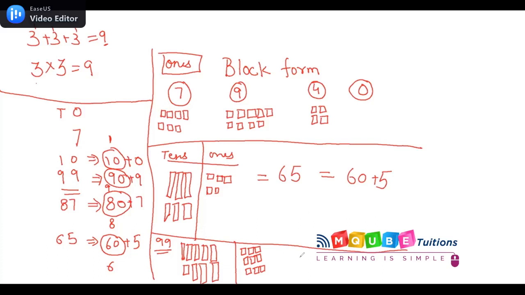Okay. Before we go to the book, if I have to draw only 10, how can I draw 10? How many tens are there in 10? 1. Very good. Is there any one out here?